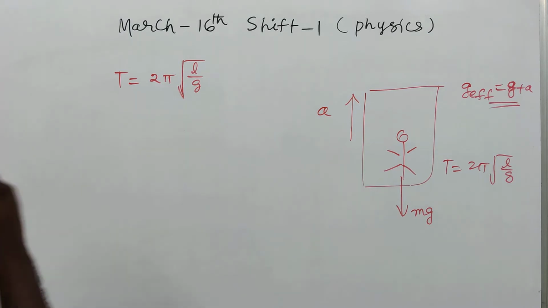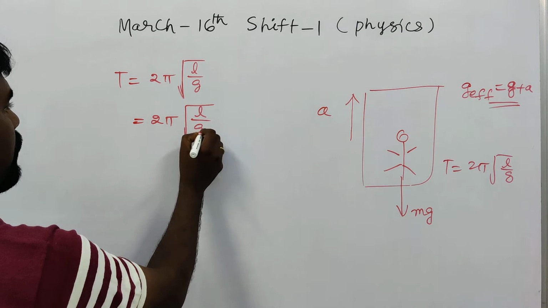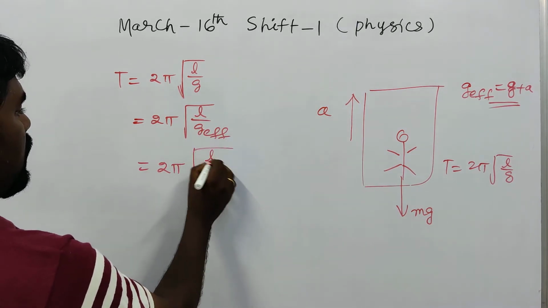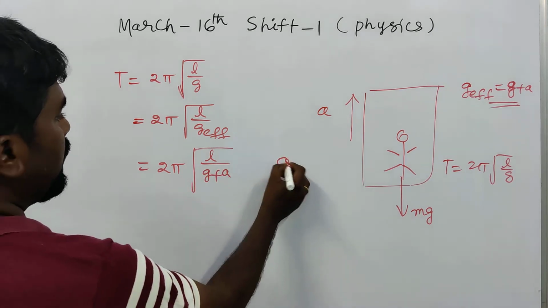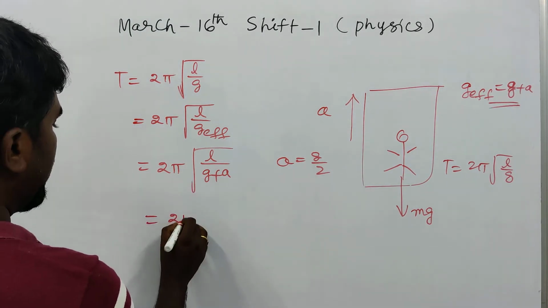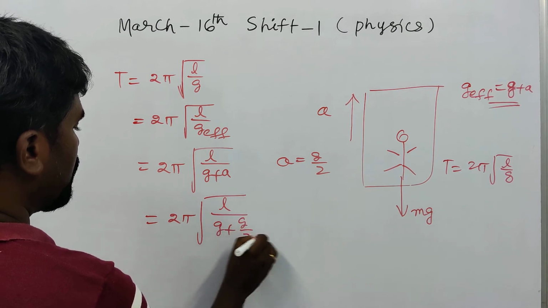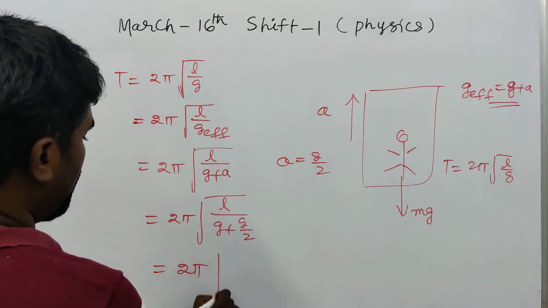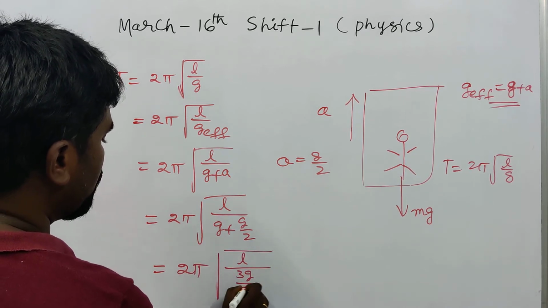So the time period is 2 pi root of L by g effective, that is 2 pi root of L by g plus a, where a is given as g by 2. So 2 pi root of L by g plus g by 2, which is 2 pi root of L by 3g by 2.